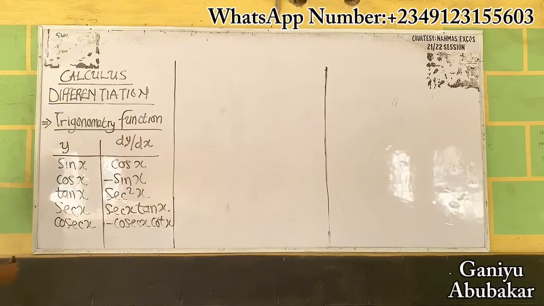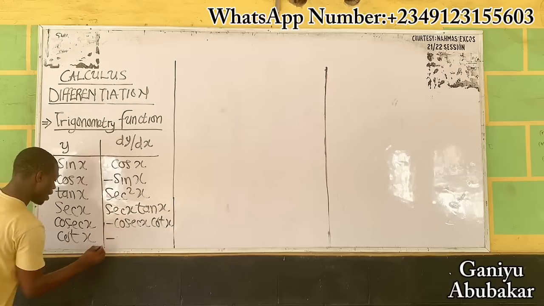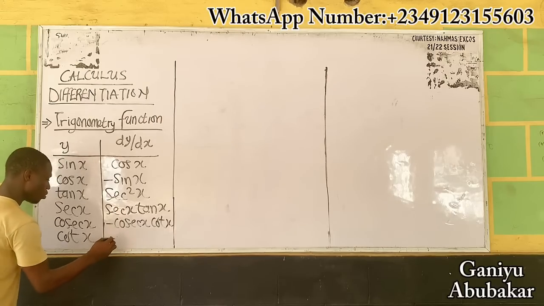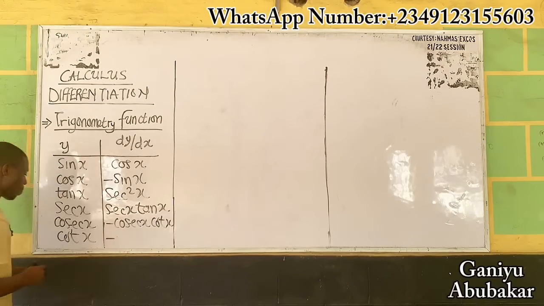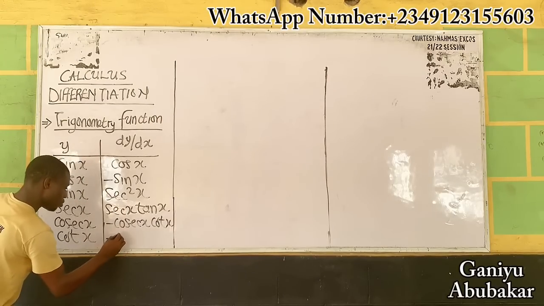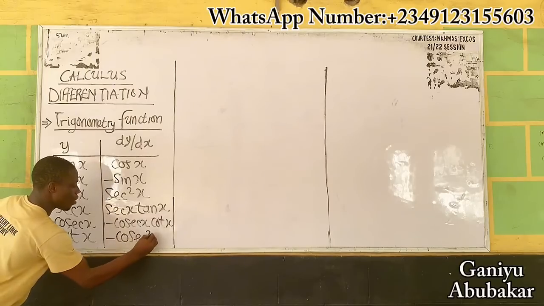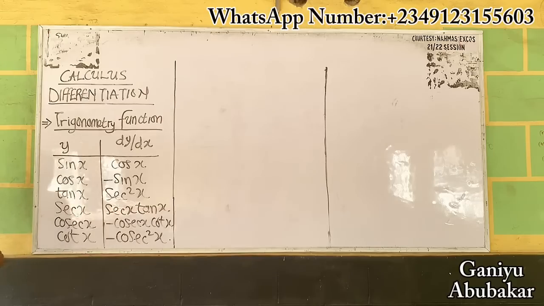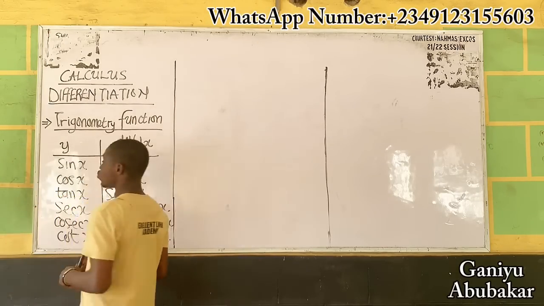Given that y is equal to cot x, dy over dx is given as minus cosec squared x. All right, so these are six important things to note.